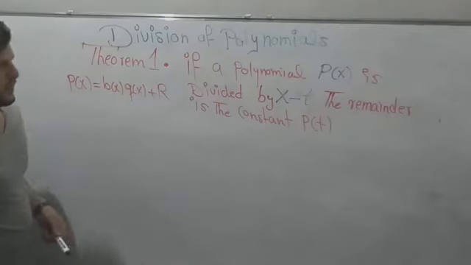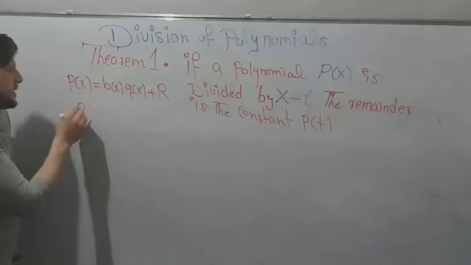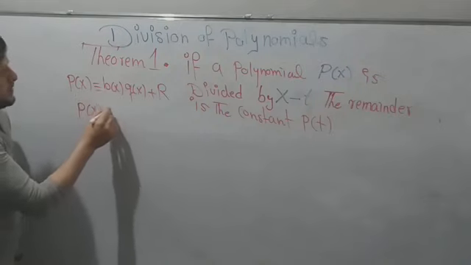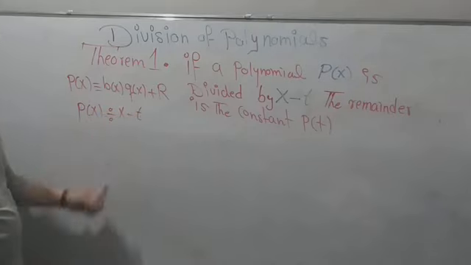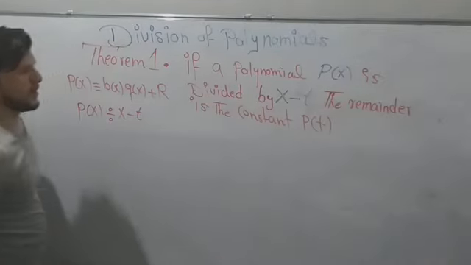That was the case for division. So if you divide p(x) over x minus t, the remainder is the constant p(t).